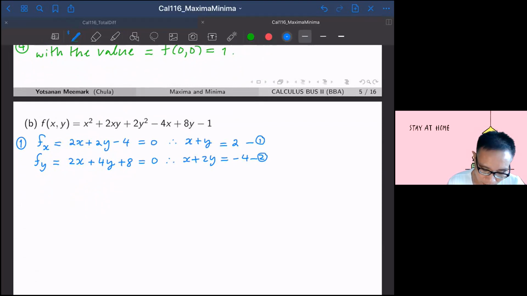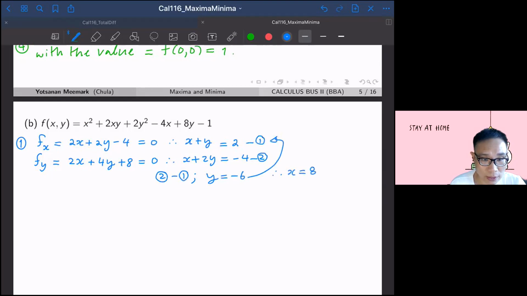So you would get equation 1 subtract 2, or 2 subtract 1 would be nicer, right? So this is 2 subtract 1. It's going to be y equal to -6. And you're going to plug into the first equation and obtain x equal to 8.